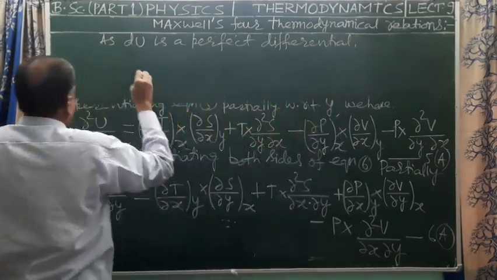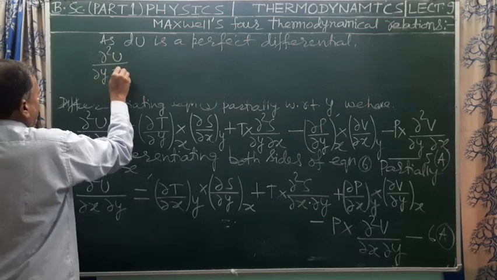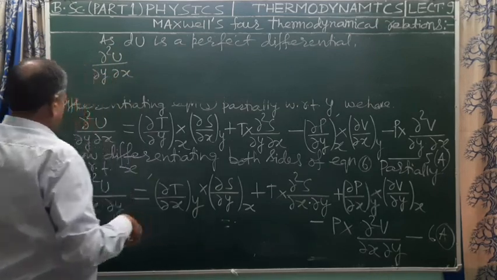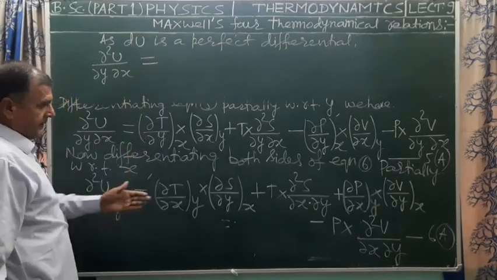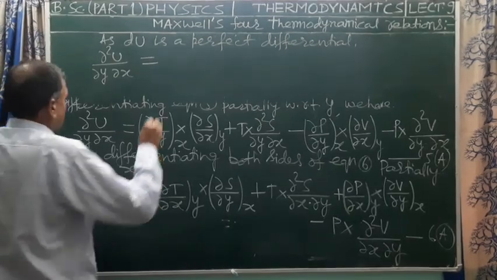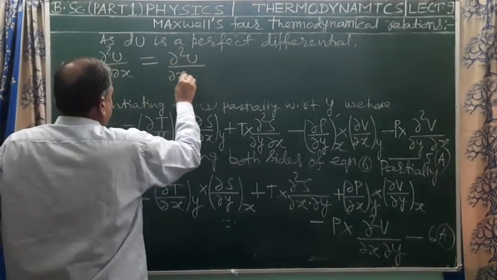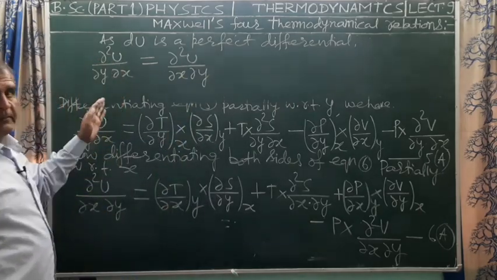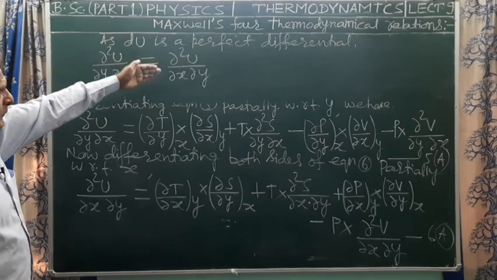Hence we can write ∂²U/∂y∂x, which is the LHS of equation 5a, and it will equal the LHS of equation 6a, so ∂²U/∂x∂y.